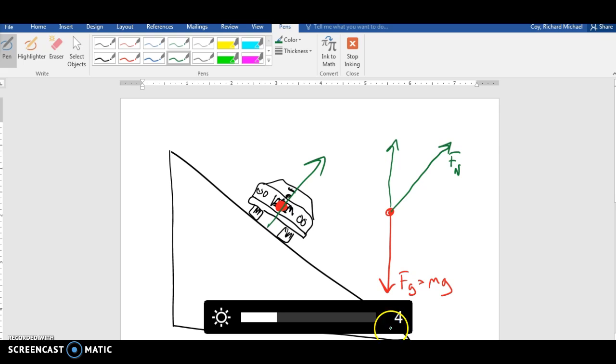If down here we've got theta, then this is theta as well. And then you've got the other horizontal component there. We're keeping everything on that XY coordinate plane. So if this is the normal force, this is F normal times cosine theta. This is F normal sine theta.